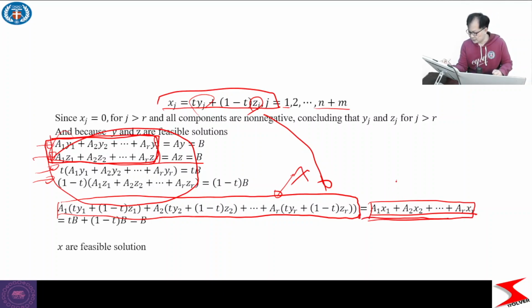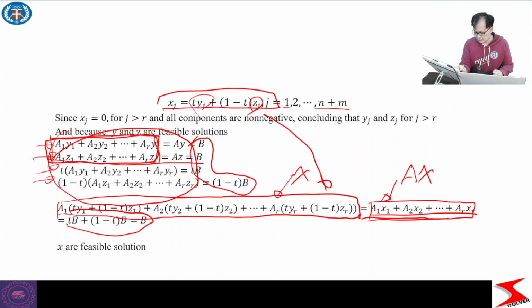So what is this? It is Ax, right? And what is the right hand side? You put all in here, and you will find it becomes Ax equals b. So you will know actually y equals z equals x. Definitely x is a feasible solution.